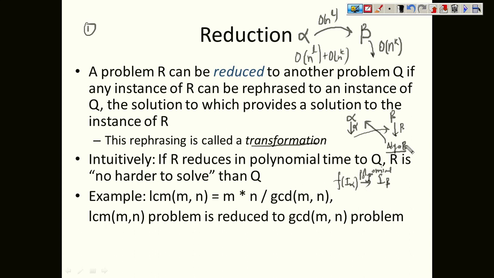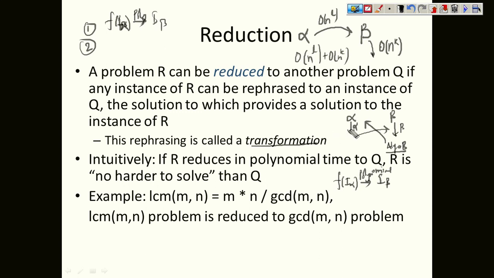Then only can you use the algorithm for beta to solve the problem alpha. So the first requirement is to create a function that maps the instances of alpha to instances of beta in polynomial time. The second requirement is the requirement of decidability.